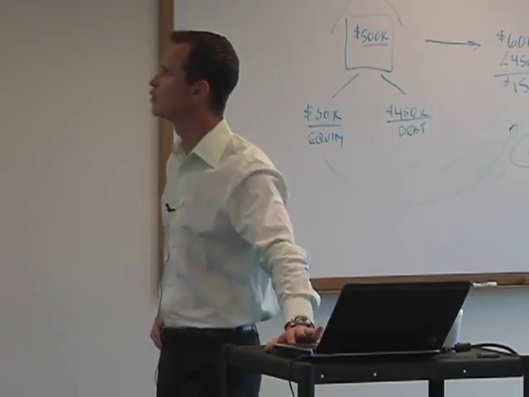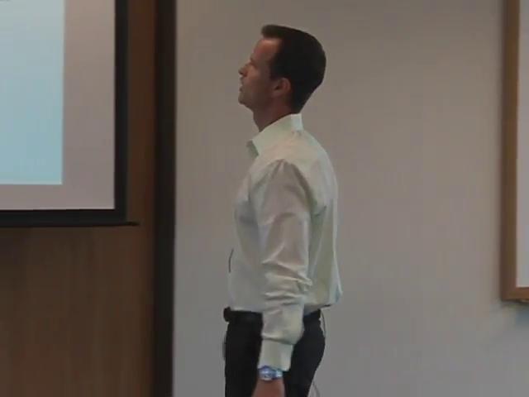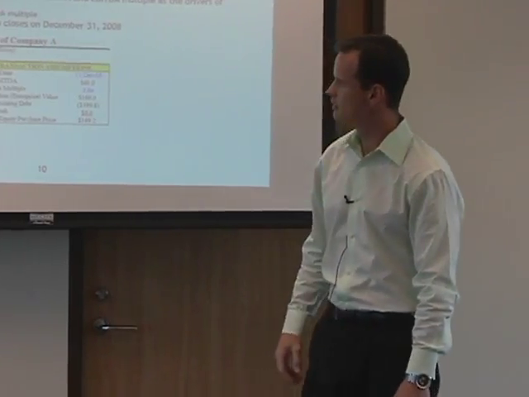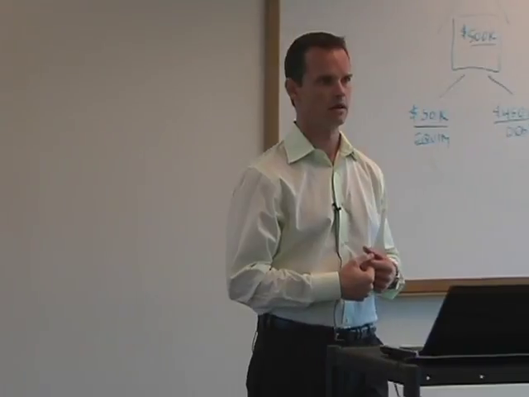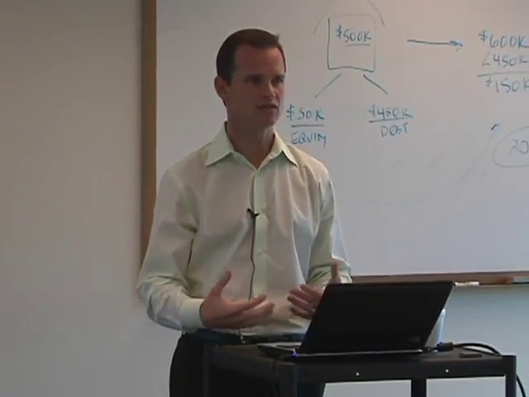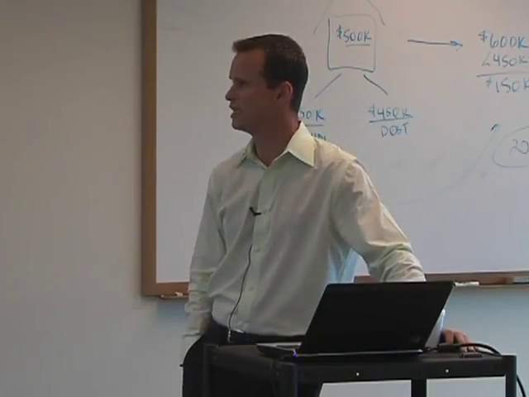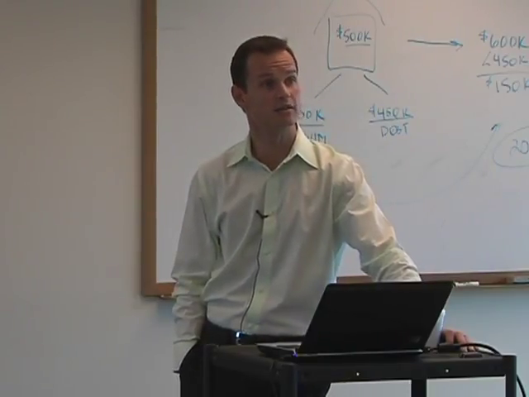So the first thing we'll do today is build a purchase price calculation or a transaction summary, basically saying what is the valuation of this company as we buy it. This is usually a lot more than just putting together a table and pulling an EBITDA multiple out of the air and deciding that's the price.